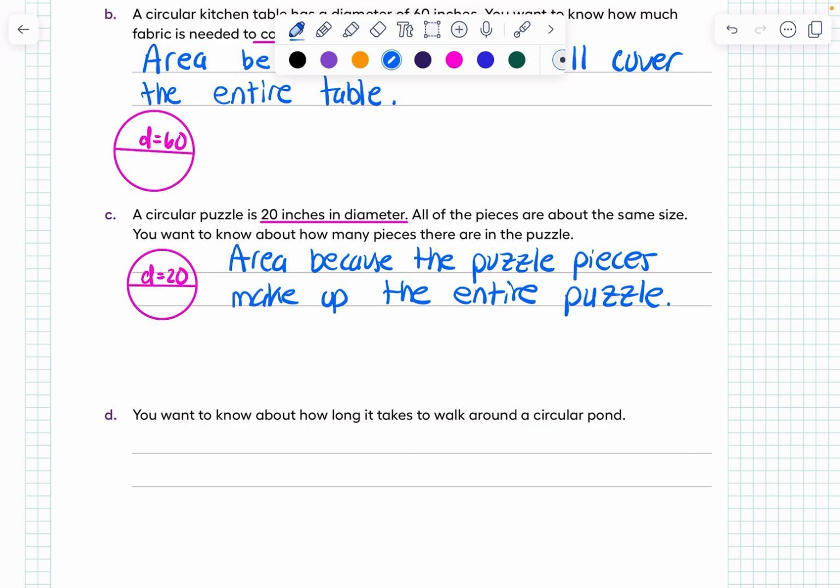Okay, you want to know about how long it takes to walk around a circular pond. Okay, so we have a pond and it's filled with water and we want to walk around it.